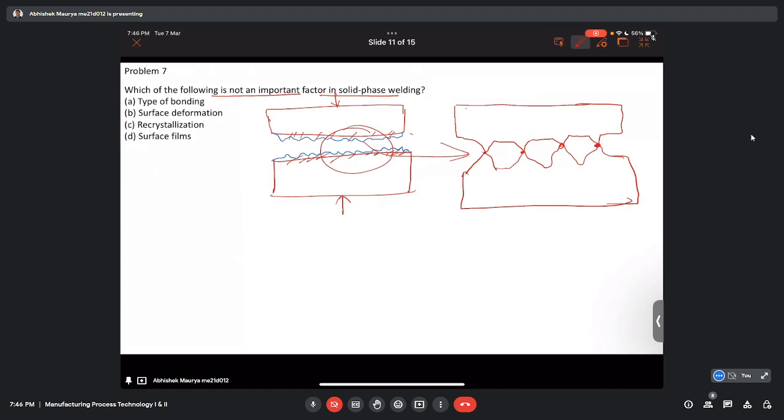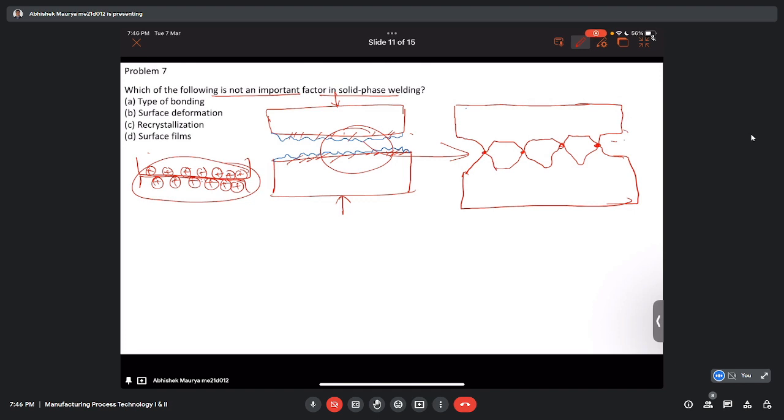And I told you, if you want to join these two materials together, what should happen? The electrons and atoms should form a permanent bond. This can happen only when these two surfaces come in close contact.